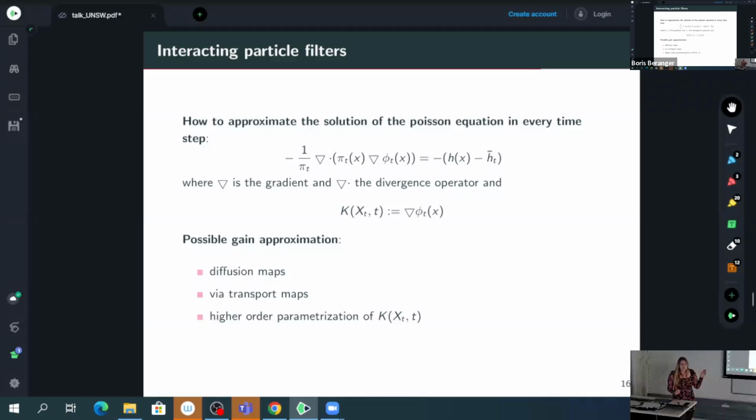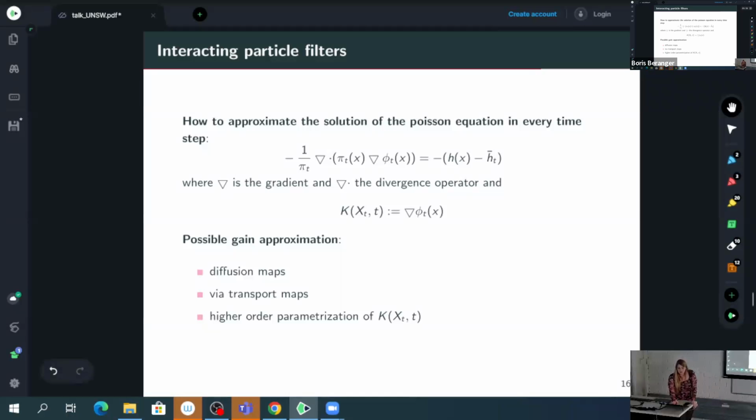And despite it working very well, the idea is to somehow at least capture the nonlinearities a little bit better. How can we do that? Maybe we can find some higher order approximation of this gain, and then develop a filter that is going beyond this Gaussian assumption. It probably will still not do the consistent thing, because you do have to do some kind of approximation. And there's many things that are out there.